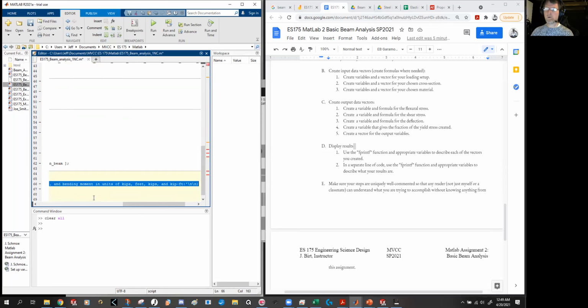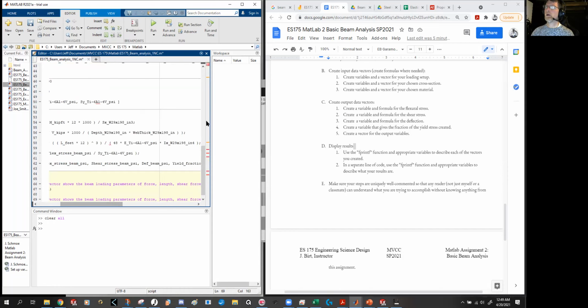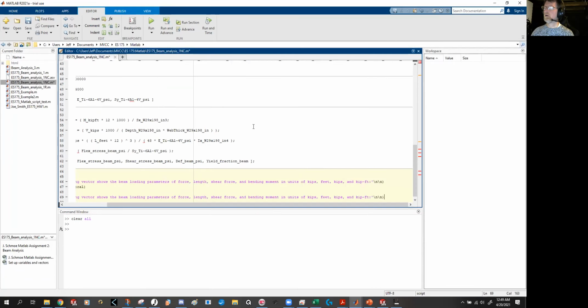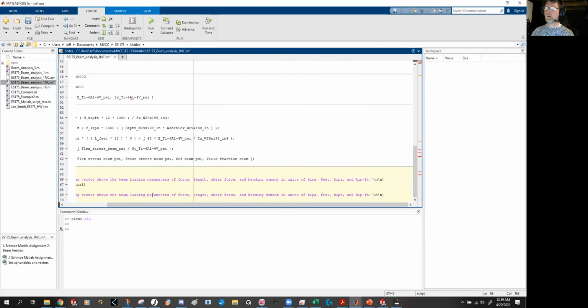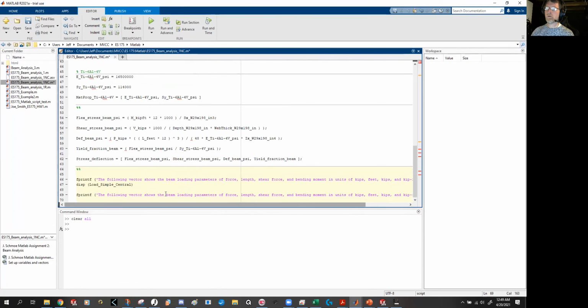Then I'm going to do something similar. And instead of showing that, the following vector shows the beam cross-sectional parameters.